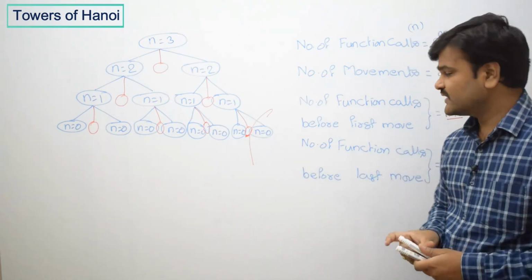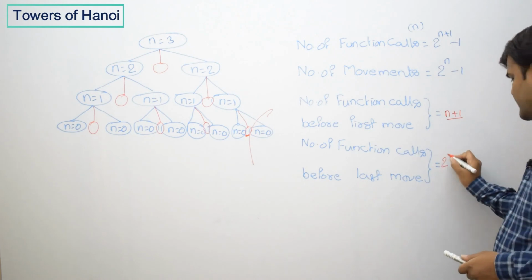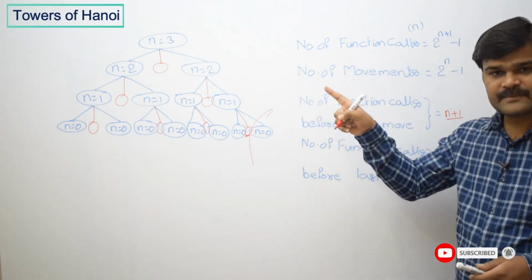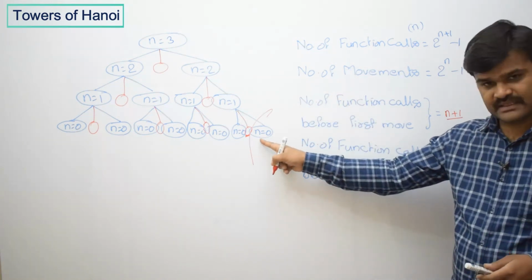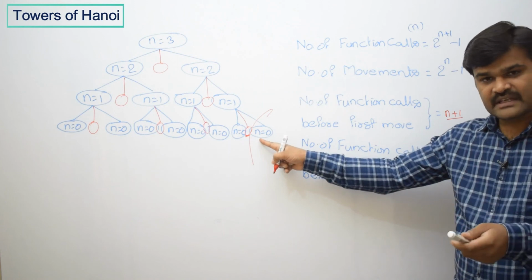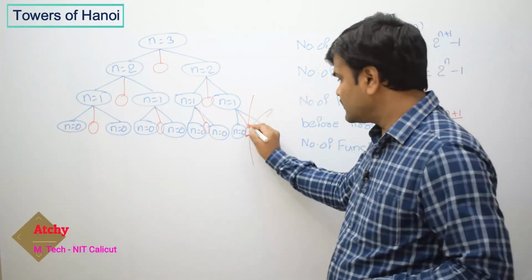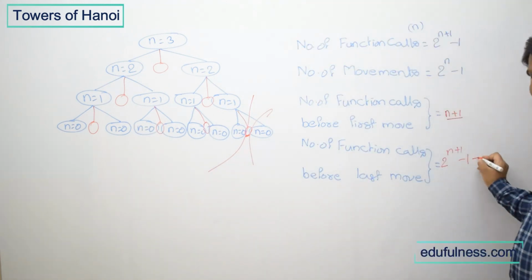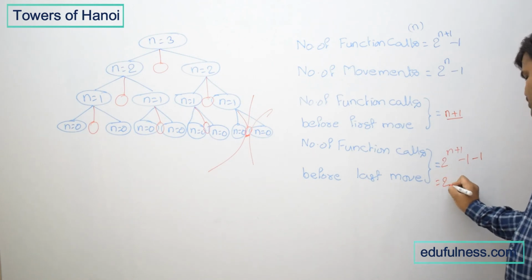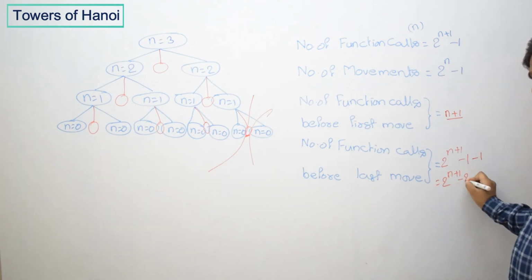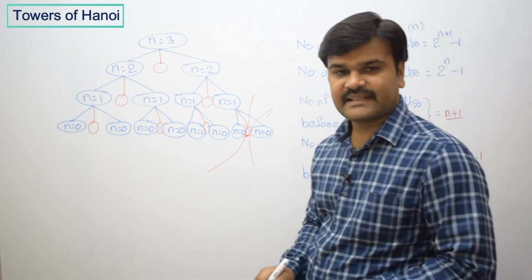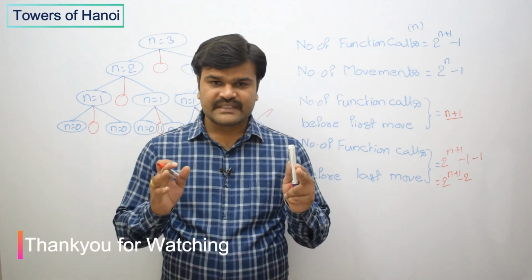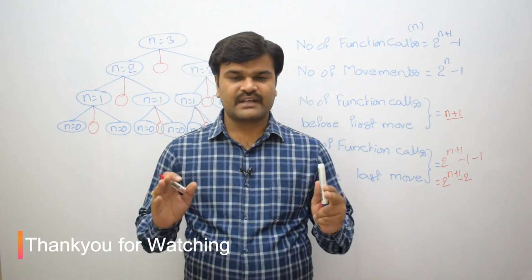So we write the same thing: 2 power n plus 1 minus 1 function calls are there in total, and if you exclude this one from the total, whatever result is there, all those function calls are before this last movement. So simply minus 1. That is 2 power n plus 1 minus 2 function calls before the last movement. Okay, so that is the Towers of Hanoi overall.